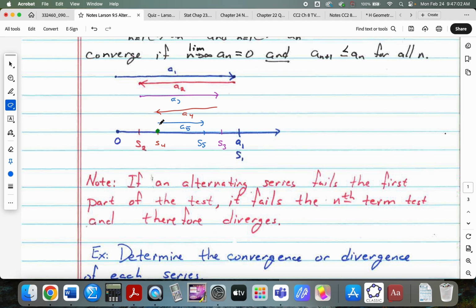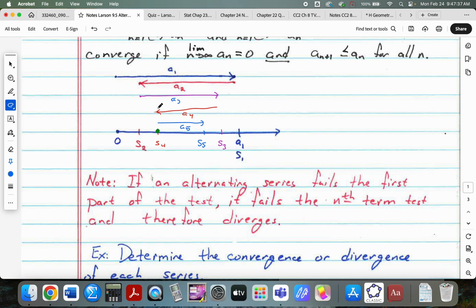What they do is when they ask for an interval, they take s sub 4 and they add and subtract a sub 5. I'm like, okay, why bother giving anything over here? We know it's not going to be less than this if the next term is positive. If we were summing after the third, it would be somewhere between here and s sub 3 minus a sub 4, right? Because it's going to be to the left.